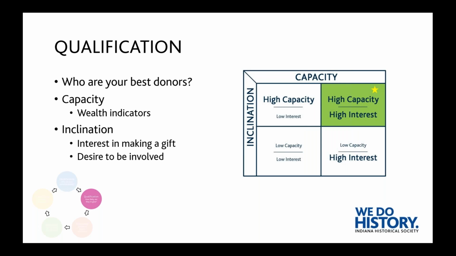They need a little more relationship building. And then someone with high interest and low capacity, these folks are going to be the perfect annual donors. They're going to be great volunteers. They're going to be your best cheerleaders, and they're going to be there for you. So, use your donors to the best of their abilities.